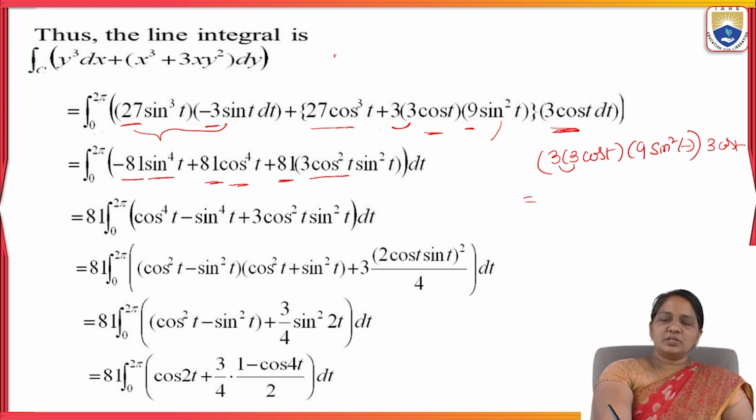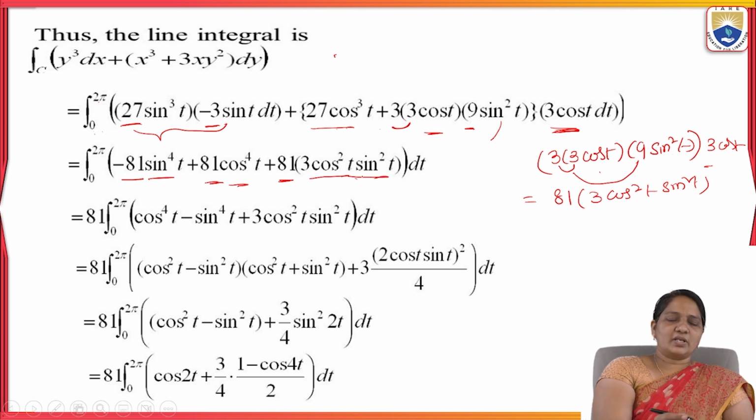Now 3 3s are 9, so 9 into 9 is 81. Cos into cos, that is 3 cos square t and here sin square t. This term only we wrote here. So finally we got minus 81 sin power 4 plus 81 cos power 4 plus 81 into 3 cos square t sin square t dt.